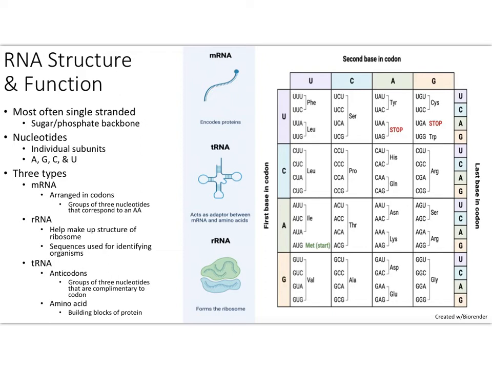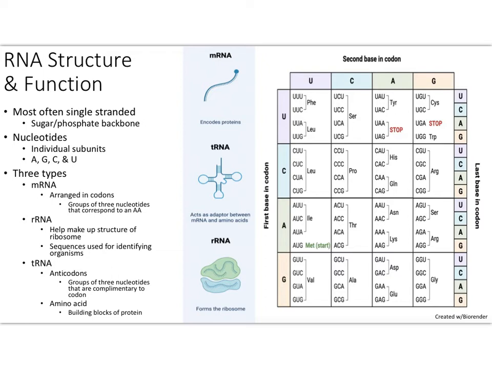Occasionally we do find some double-stranded regions, but for the most part, for RNA, there is a sugar phosphate backbone, and there are nucleotides, which again are the individual subunits of this type of nucleic acid, that are attached to this backbone. The individual nucleotides in RNA are a little bit different than the ones that we find in DNA.